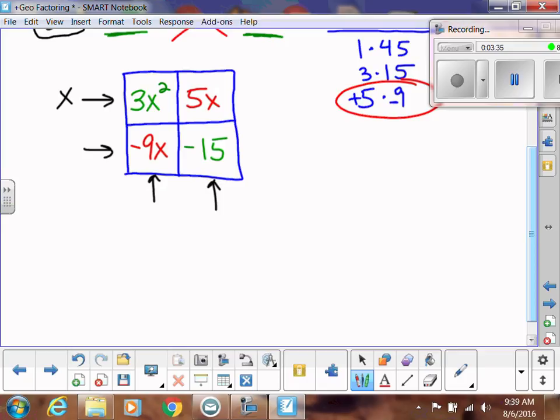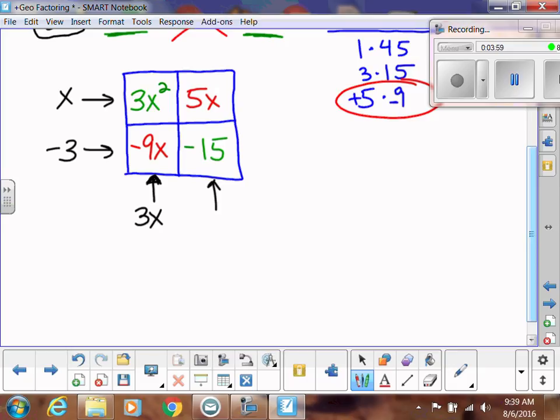In this row down here, I do have negatives. So remember, if I have a negative in that first one, always factor out the negative. So that would be a negative 3. In this column, so now I'm doing this first column, I've got 3x squared and negative 9x. So that would be a 3x.